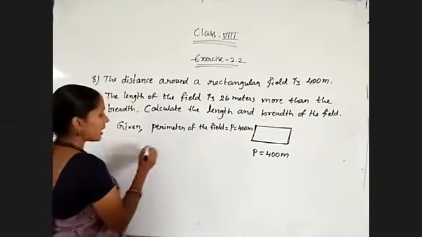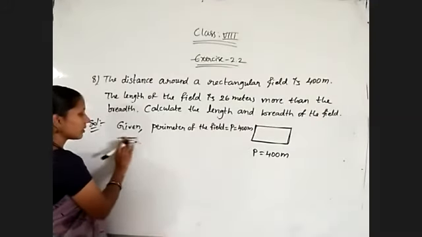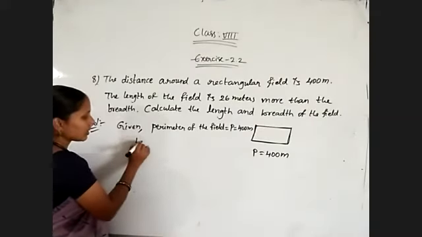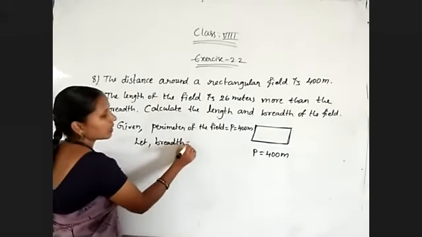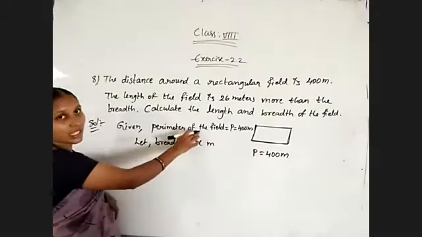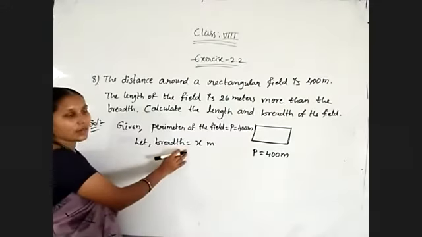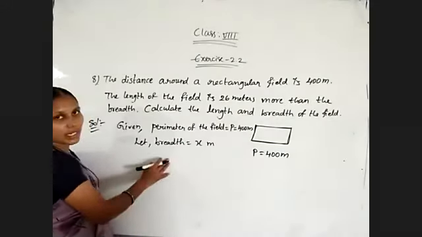Okay, and also given that, let the breadth of the field be x meters. Here the perimeter is given in meters. So whatever units are given for perimeter, the same units we will get for measurements also, length and breadth.